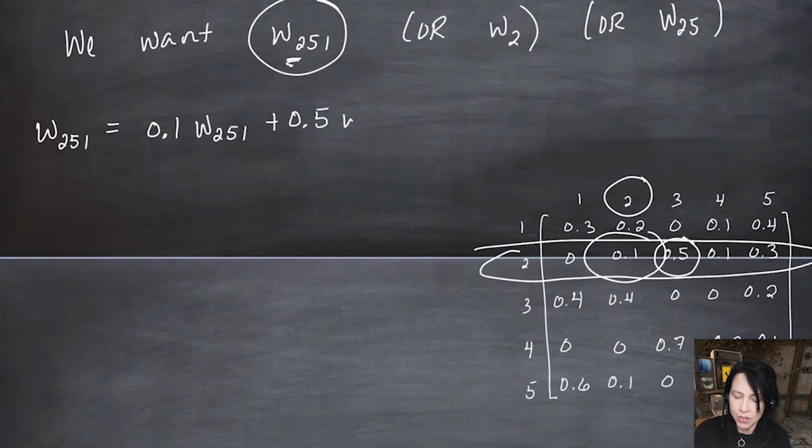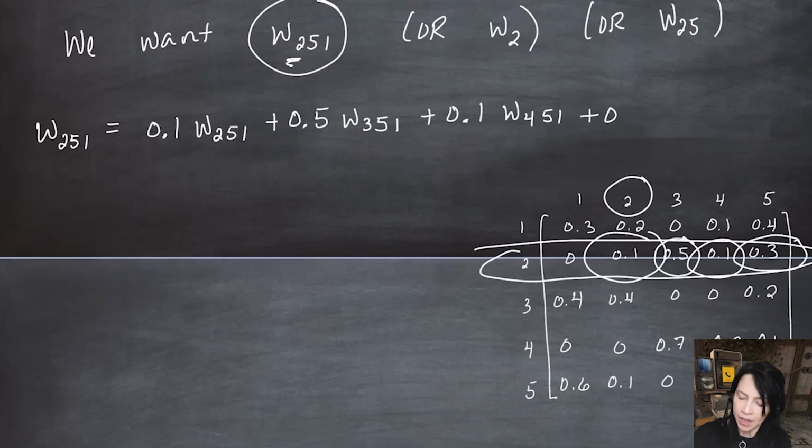So now I want to say starting at 3, what's the number of hits on 5, stopping at 1. With probability 0.1, I go from 2 to 4. So I'll put a 0.1, and now I want to say starting at 4, I want to count the number of hits on 5 before stopping at state 1. And with probability 0.3, I go from 2 to 5. So I'll get a 0.3.